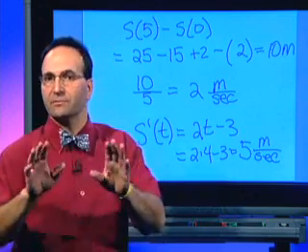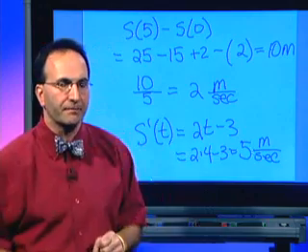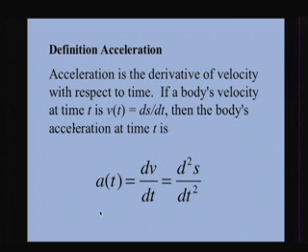Now, two concepts related to velocity are speed and acceleration. Let's look at their definitions. For the definition of speed, speed is the absolute value of velocity. In other words, the absolute value of ds/dt. Acceleration is the derivative of velocity with respect to time.